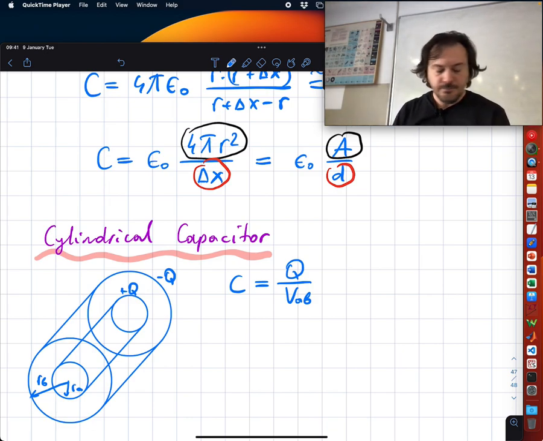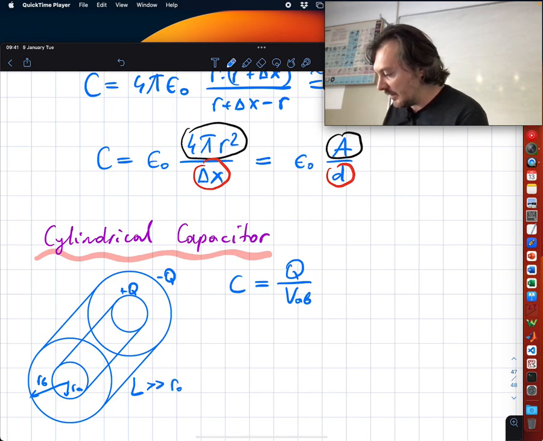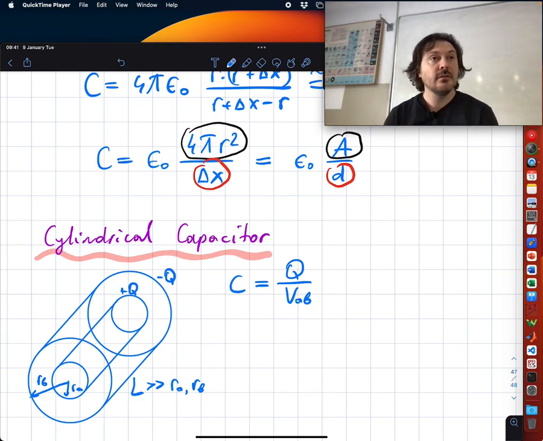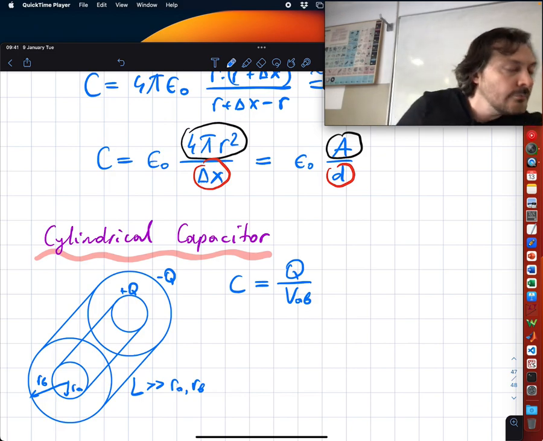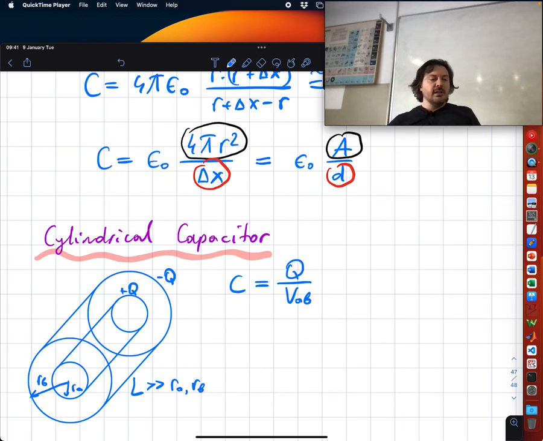First of all, you assume that the length of the capacitor is much, much larger than RA or RB. Why do you have to assume this? I am assuming that L, the length of the capacitor, is much larger than the radius.